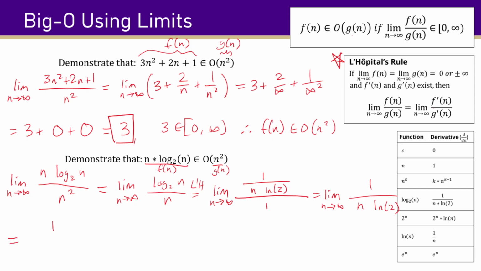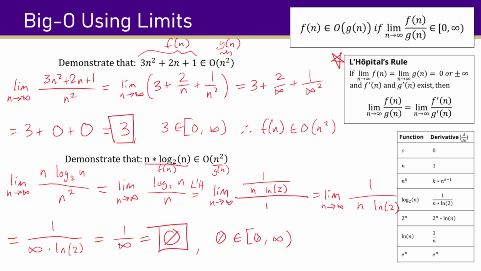If we substituted infinity into this, we would get infinity times ln of 2, which is just infinity on the bottom, giving us 1 over infinity, which is 0, right? And so we have this value of 0, and 0 is, of course, in the range between 0 and infinity. So we've demonstrated that it is big O of n squared.